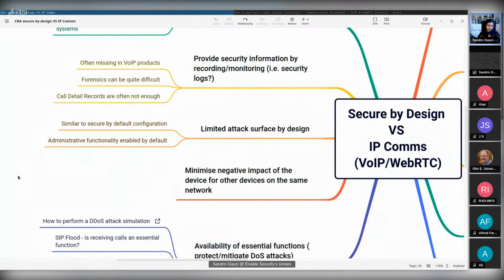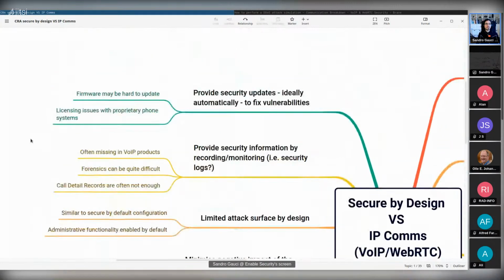You might also find debug network ports without proper authentication or with some backdoor, hard-coded password. We have seen those things. These are, of course, certainly not limited attack surface by design sort of features. I'm glad that it's here because it's a very important topic.